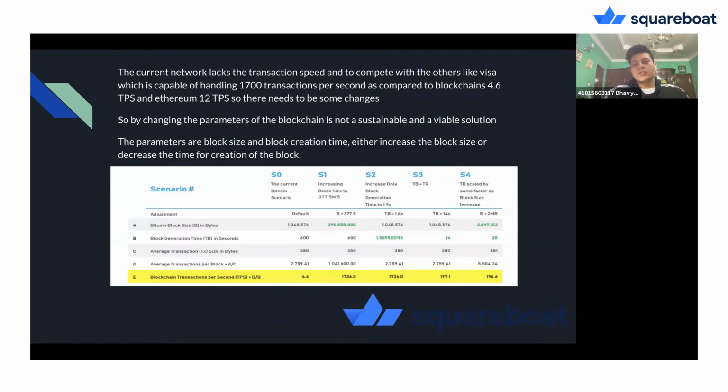Another reason we have to move from proof of work to proof of stake is that the current network's transaction speed is very slow. It's around 4.6 transactions per second in Bitcoin, and around 12 in Ethereum.